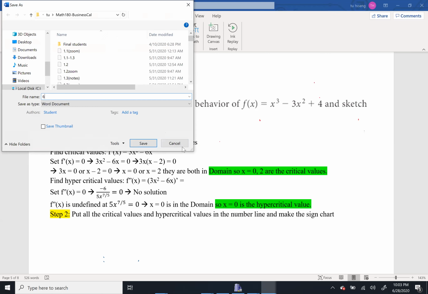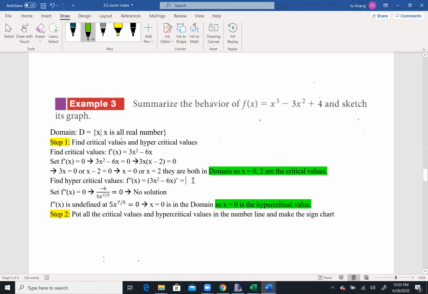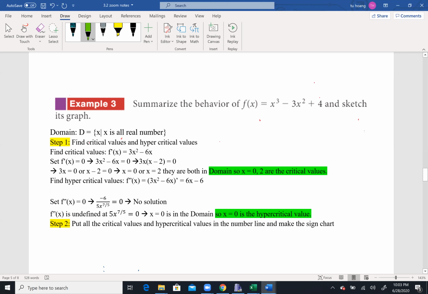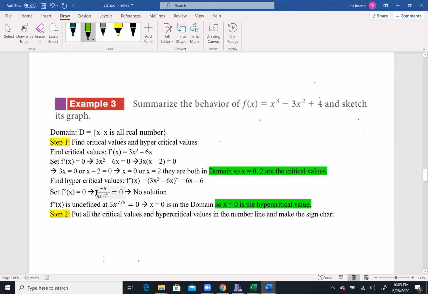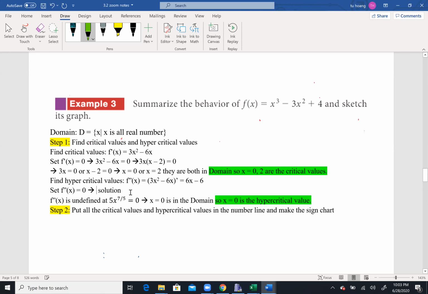Now we're gonna have 6x minus 6. Okay, so you set f second derivative of x equals 0.